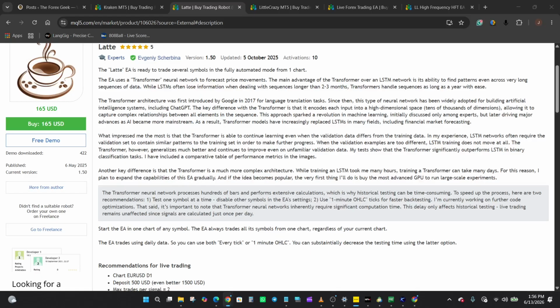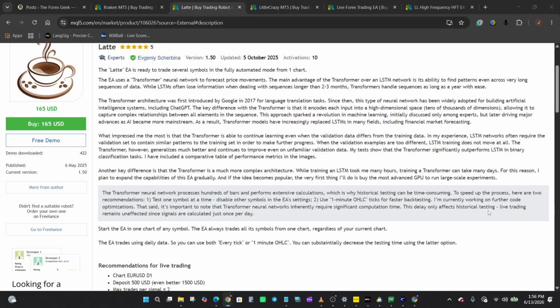Okay, so the developer also notes that the EA performs extensive calculations using hundreds of bars of historical data, and because of that, historical testing may take longer than some other systems. And to speed things up, the recommendation is to test one symbol at a time and to use the 1-minute OHLC modeling option during backtesting.